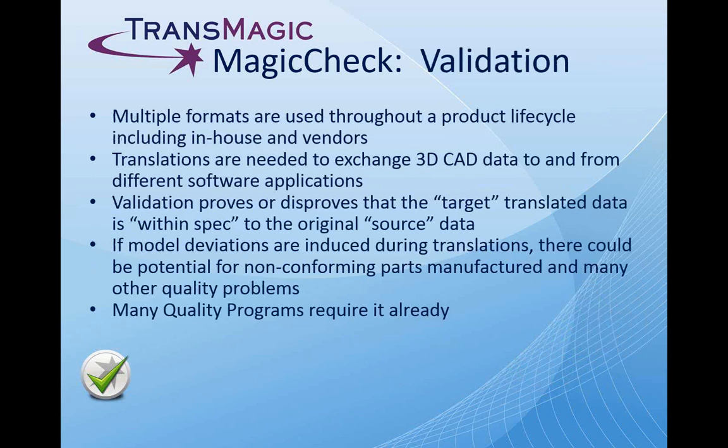The other half of the application is called part-to-part, and there are two pieces of part-to-part. This is where you compare two parts. Number one is validation.